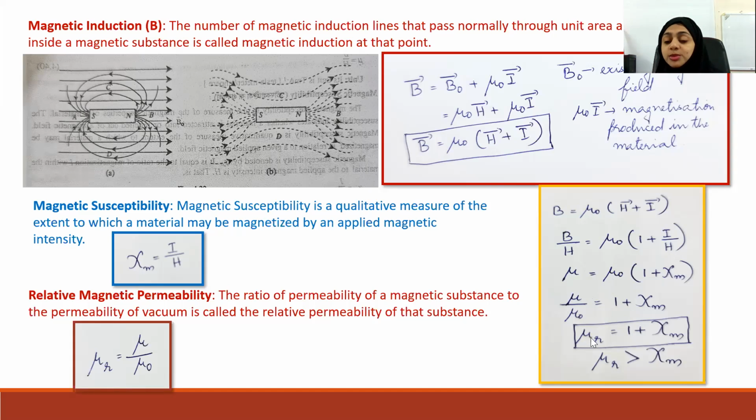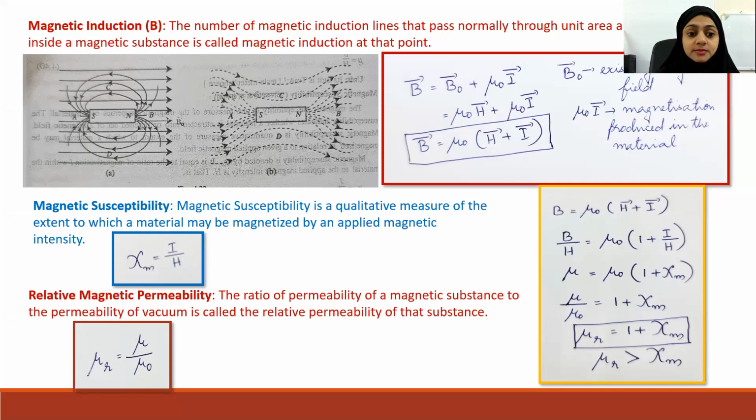Relative permeability is equal to 1 plus chi m, so it is always greater than the susceptibility of the material. It's related as mu r is equal to 1 plus chi m. It's better to memorize this expression. It may be helpful for you to solve numerical problems. Is this clear to you?